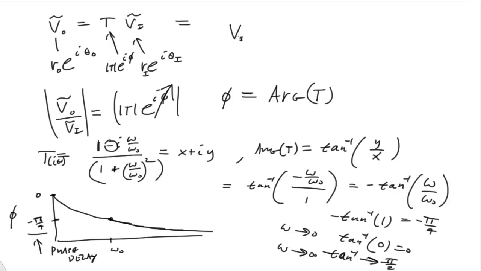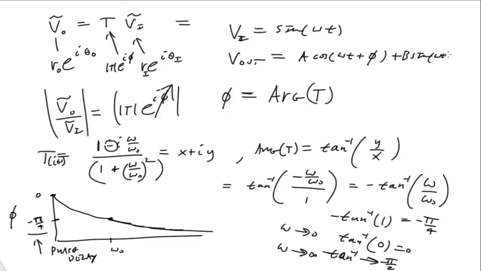If I have a V in that's some sort of sine omega t, V out is going to be something like some sort of A cosine omega t plus phi plus B sine omega t plus phi. So phi represents that delay in our signal. Okay. So I should actually rewrite this. I made a mistake.